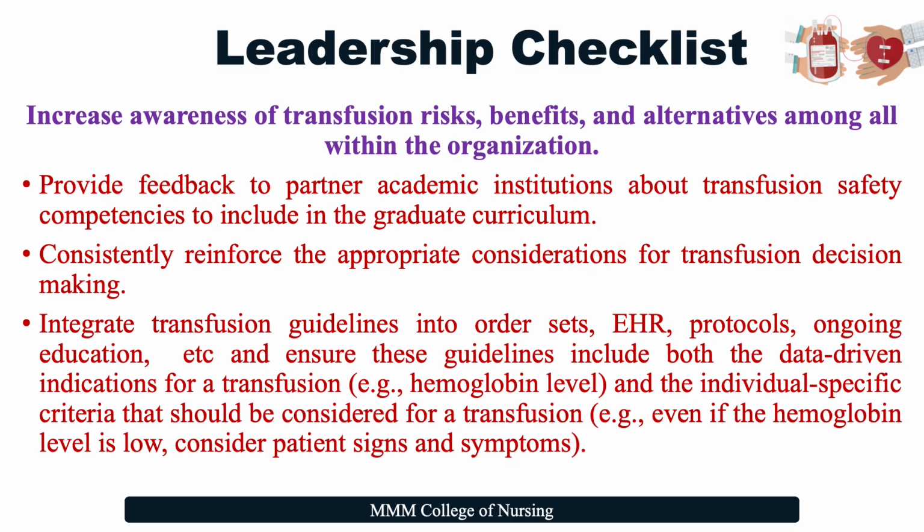It is necessary to provide feedback to partner academic institutions about transfusion safety competencies to include in the graduate curriculum, and to consistently reinforce the appropriate considerations for transfusion decision making, and also to integrate the transfusion guidelines into order sets, the EHR, protocols, ongoing education, and ensure these guidelines include both data-driven indications for the transfusion such as hemoglobin level and the individual specific criteria that should be considered for a transfusion. That is, even if the hemoglobin level is low, consider the patient's signs and symptoms.